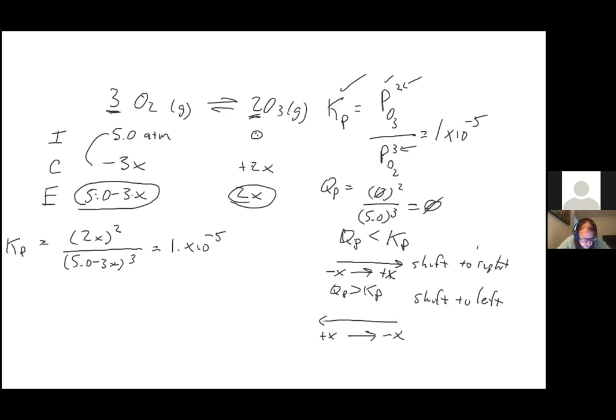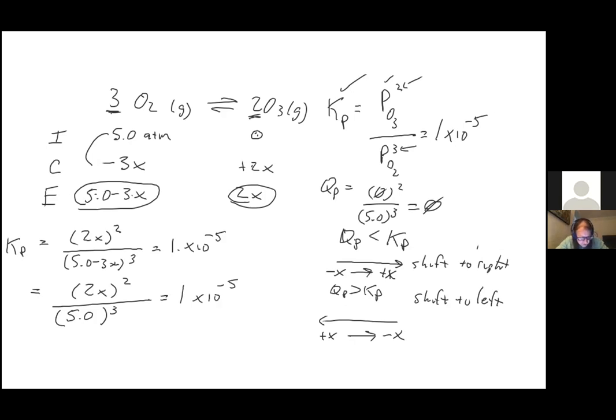So 5 minus 3X is just going to be 5. We're not going to get rid of the X up here, but we're going to get rid of it in the denominator because 5 minus 3 times 0.001 is essentially 5. And that's going to be equal to 1 times 10 to the minus 5. That's the small x approximation we just made.